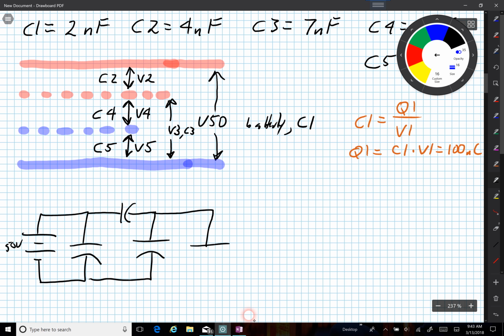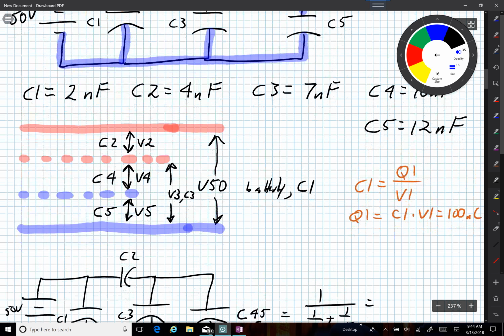And C4 and 5 are in series, so they are going to be 1 over C4 plus 1 over C5.